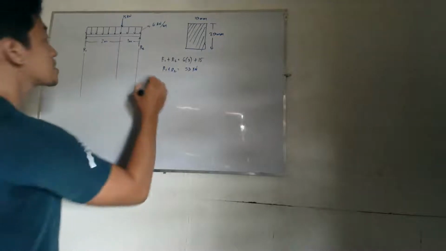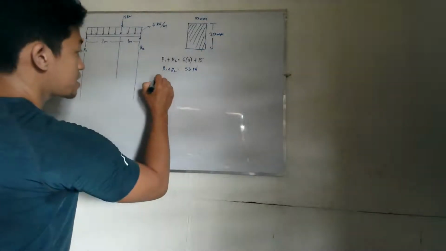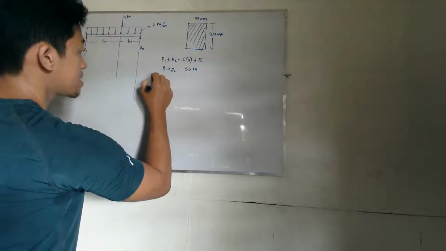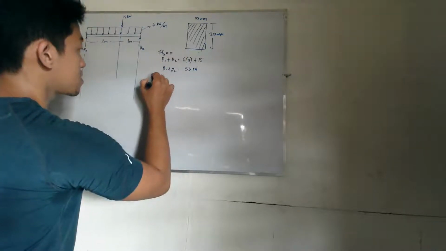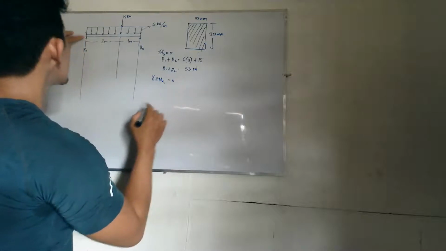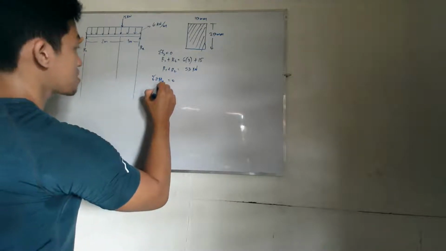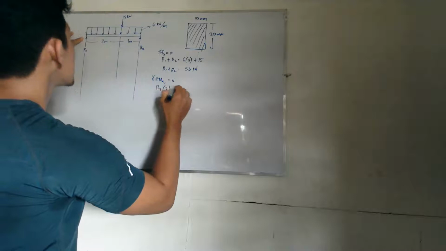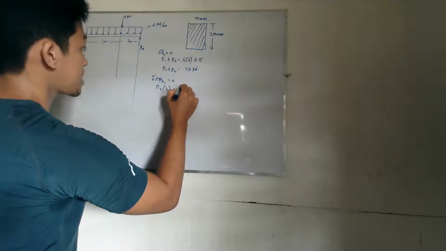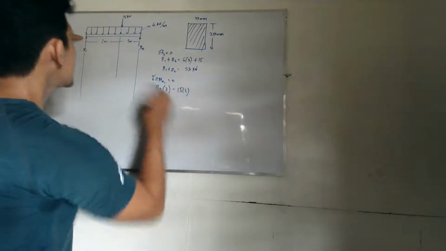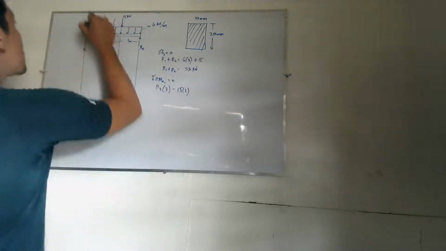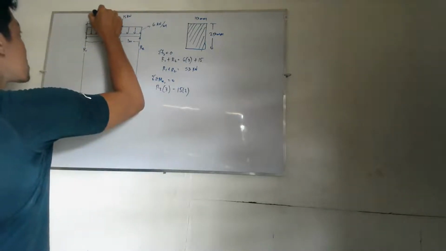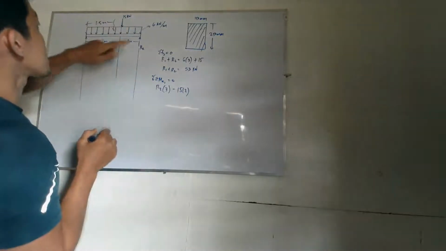And then summation of moment at R1, and then summation of forces along Y equals 0. So you have R2 times 3 minus 15 times 2. Kani ang total load ani na diri 1.5. Ilan total na, 6 times 3, 18.